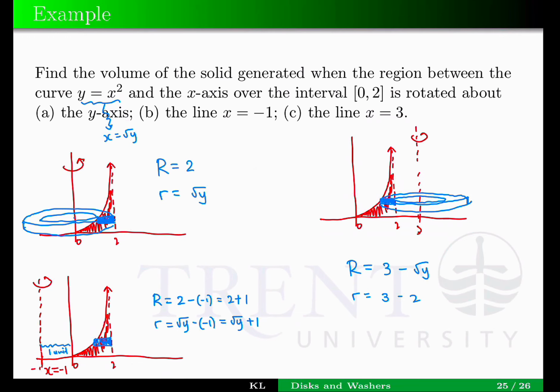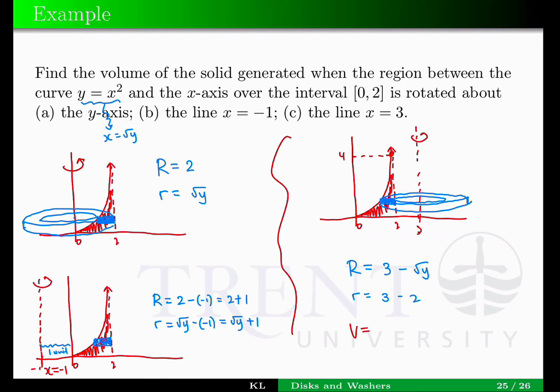So try to set up the definite integrals and practice solving them if you want to. Let me just write the setup for the third one. So in here, take note that we have up to x equals 2. So the highest point here will be equal to 4, correct?